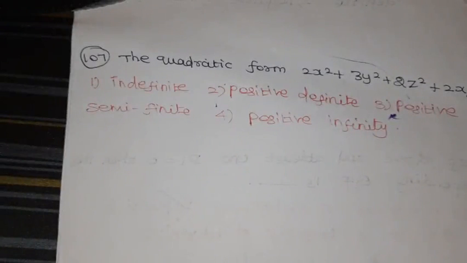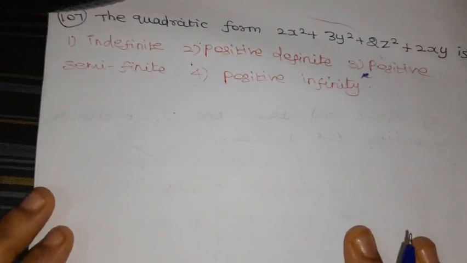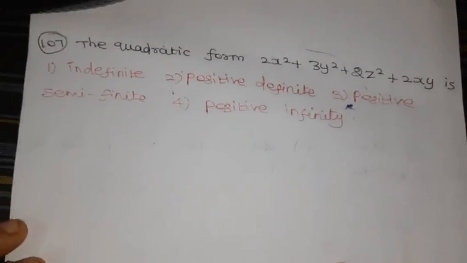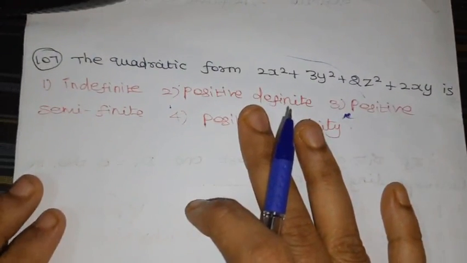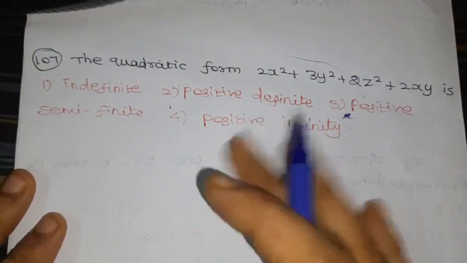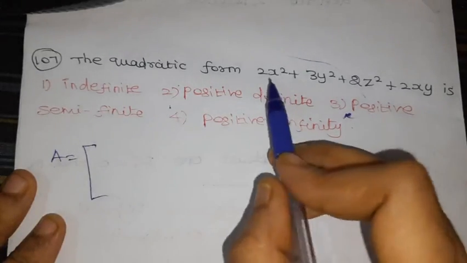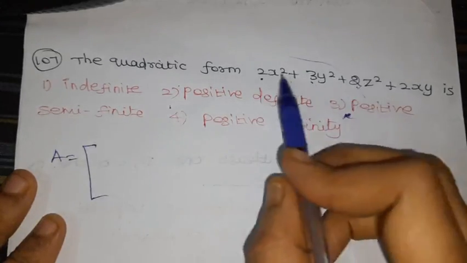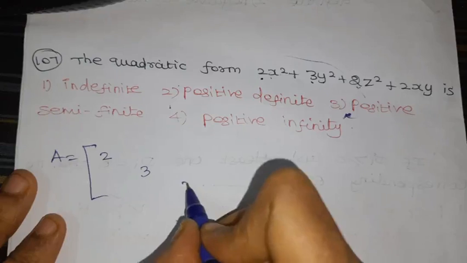Then question number 107. The quadratic form is given, and we need to find its nature. Let's see how to solve this problem. First, we need to write down the matrix of the given quadratic form. As I told earlier, the coefficients of x squared, y squared, z squared form the leading diagonal: 2, 3, 2.